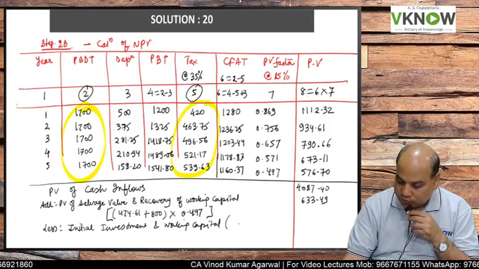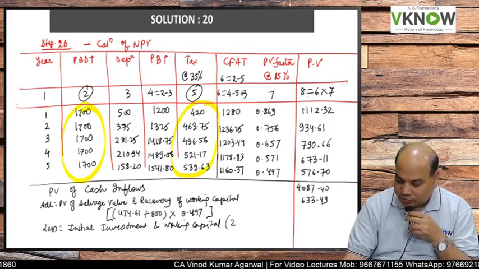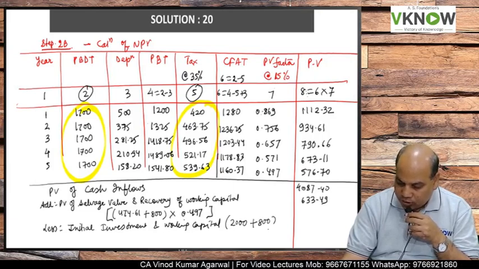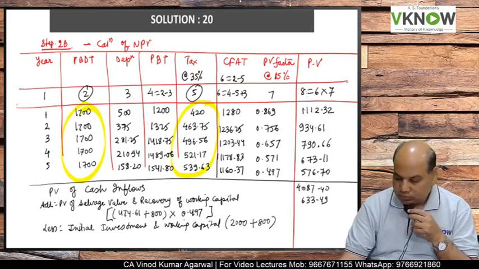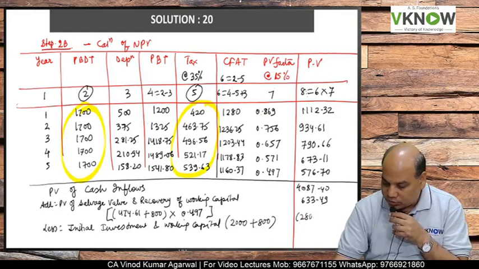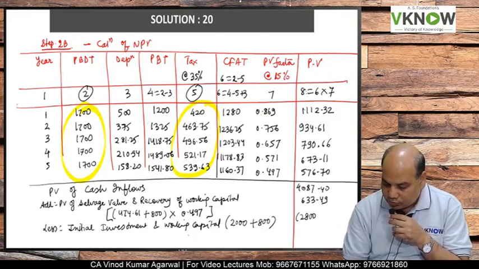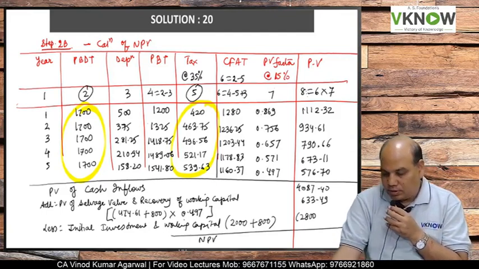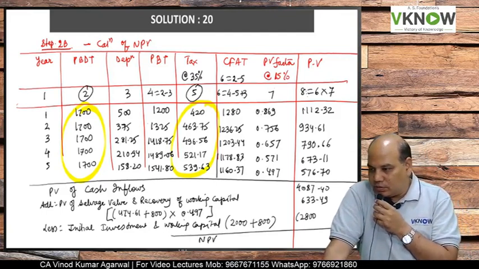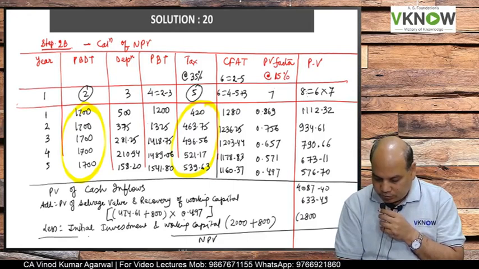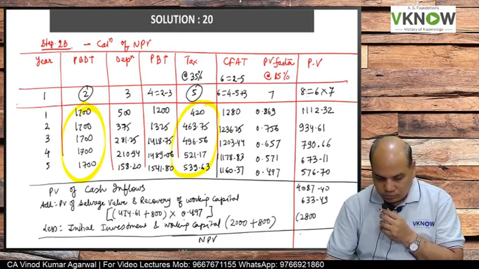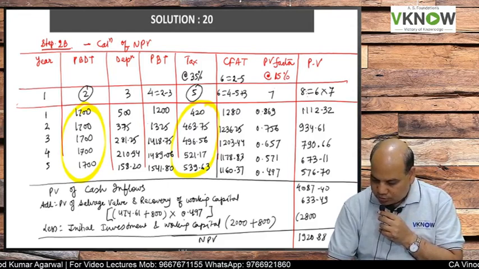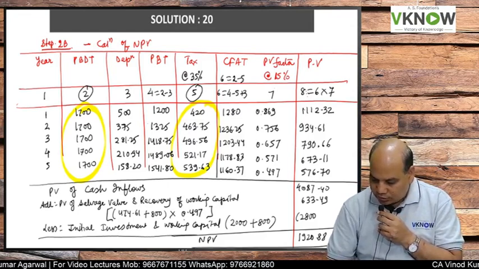So in that case, your initial investment was 2000 in fixed asset and 800 in working capital, in bracket 2800. So now I will get my NPV for this revised selling price. So 1920.88. This is right.